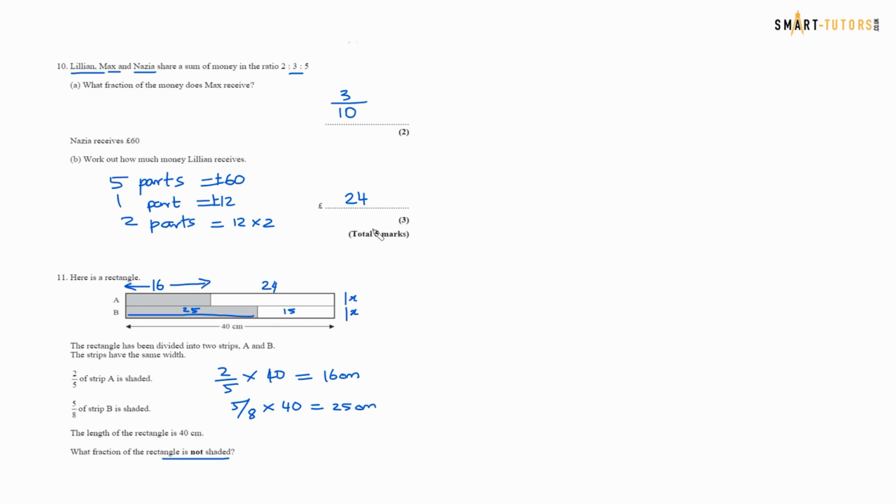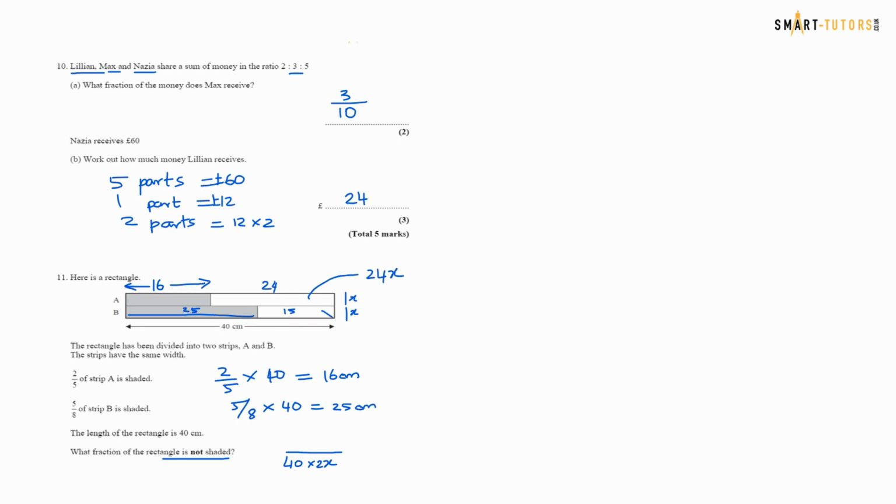So the total area of the entire rectangle is the 40 is the length and the 2x is the width. 40 times 2x is the total area. Of that total area, what area is not shaded? Not shaded means 24 times x, which is 24x.